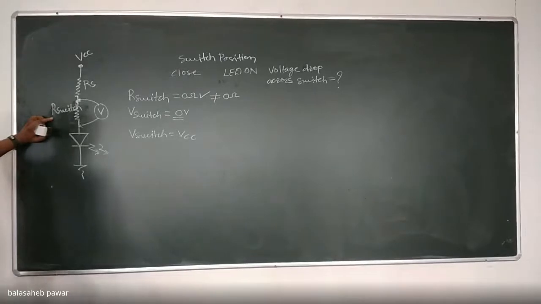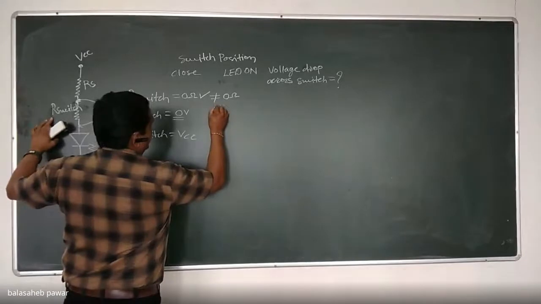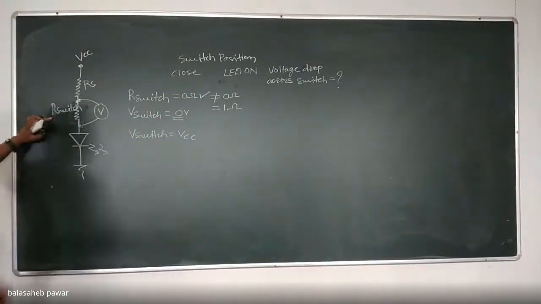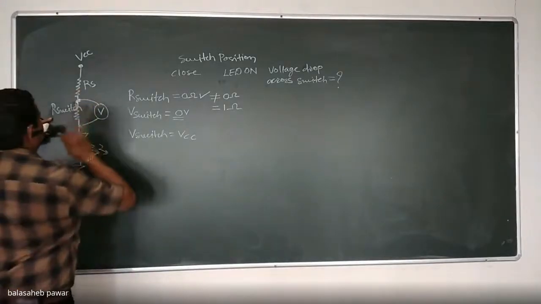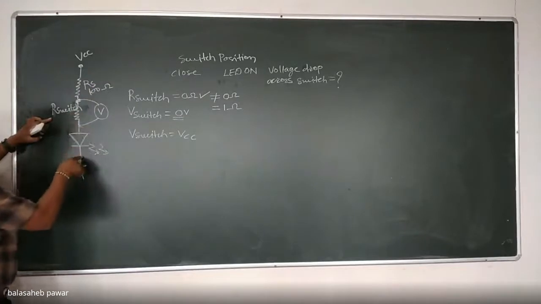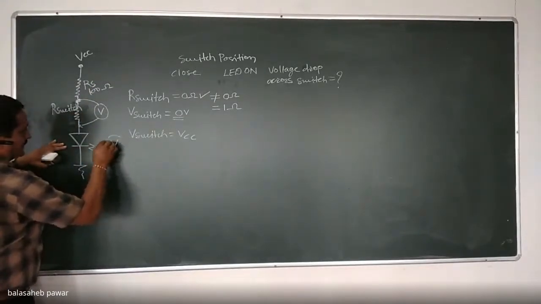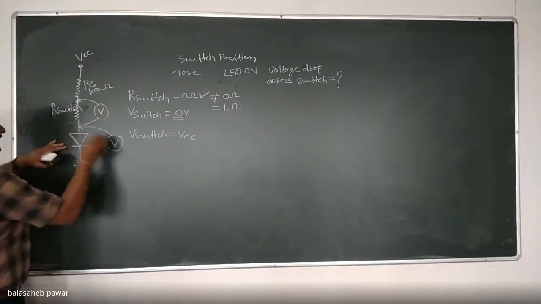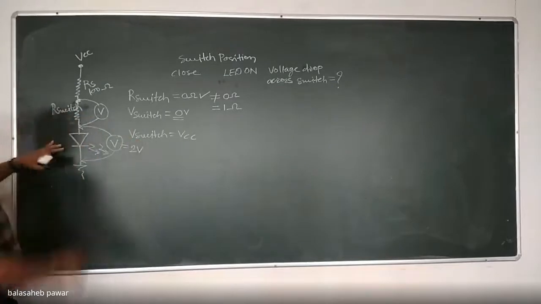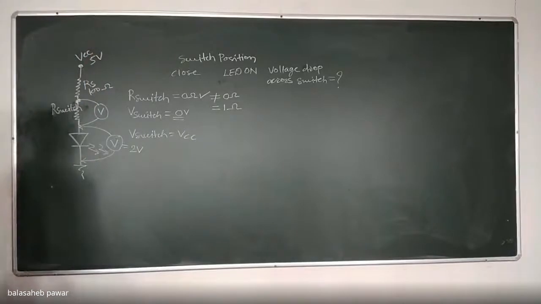If practically that switch offers, for example, a resistance equal to 1 ohm, okay? We take this example. This RS, if it is of 100 ohm to limit the current flowing through this LED, and if the voltage drop across the LED is, we take the example of, 2 volts, and if it is powered by VCC equal to 5.